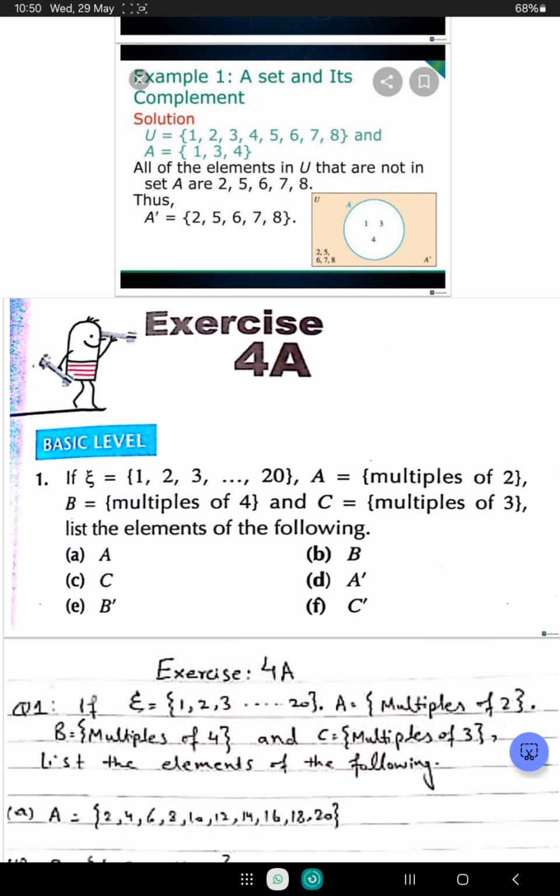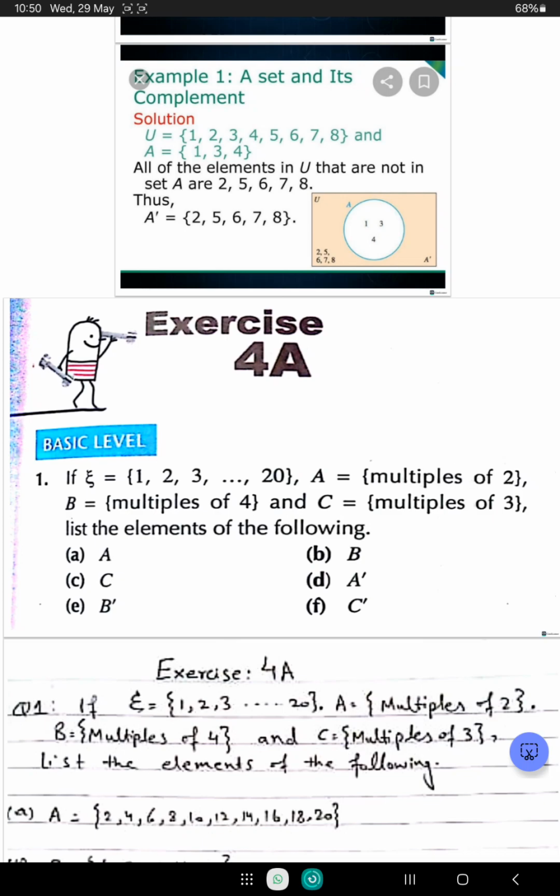A is equal to the multiples of 2. In the universal set 1 to 20, the multiples of 2 are 2, 4, 6, 8, 10, 12, 14, 16, 18 and 20. The multiples of 4, set B, are 4, 8, 12, 16 and 20. The multiples of 3 are 3, 6, 9, 12, 15 and 18.